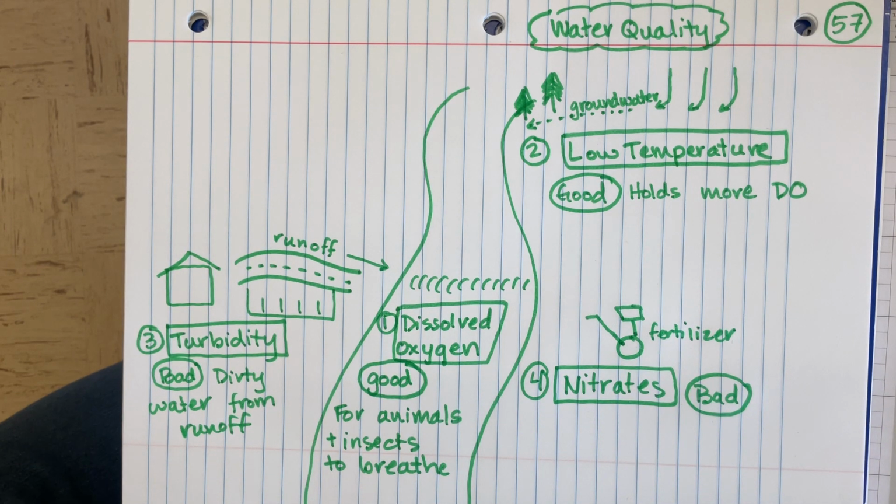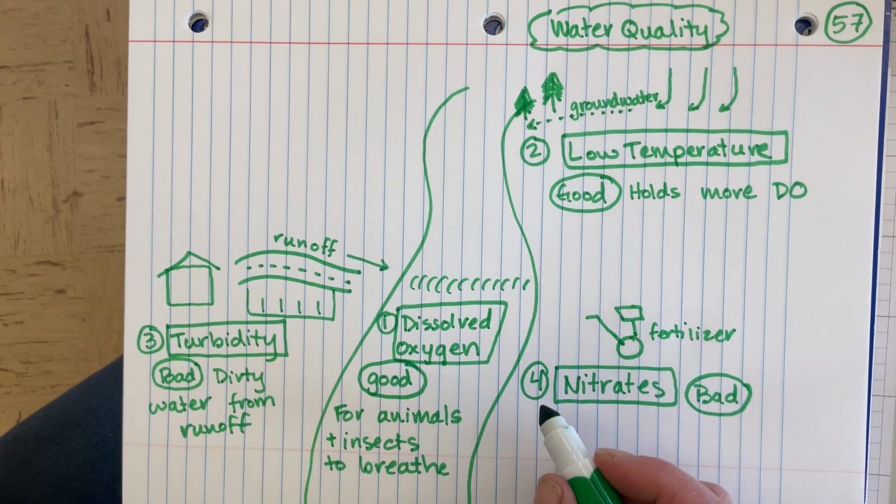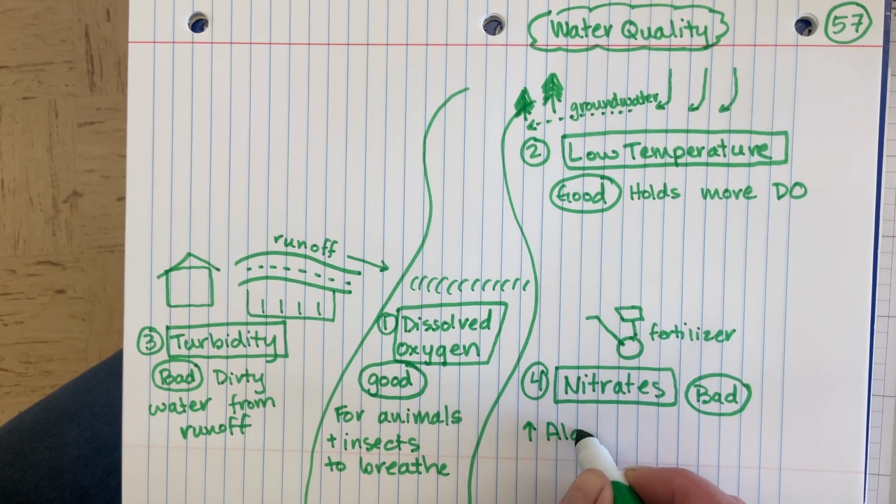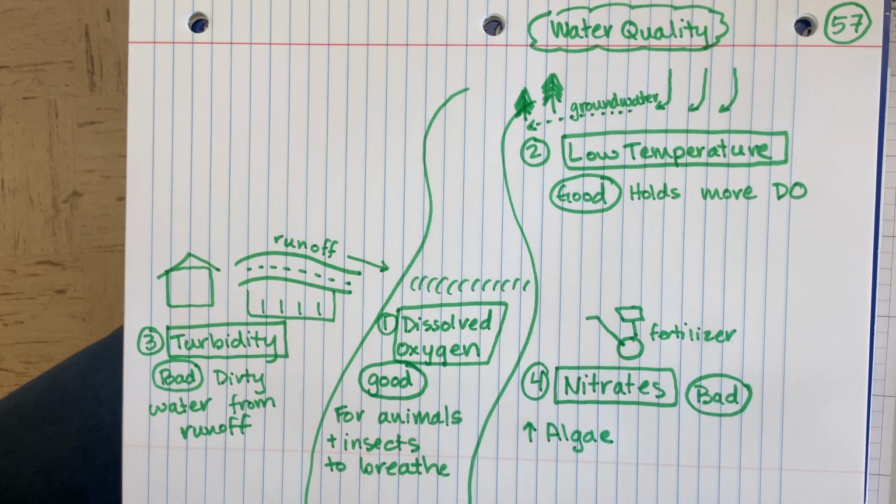And if too much fertilizer is used, then that fertilizer can run off and go into the creeks and rivers. And when it does, it increases the algae. And the algae has a bloom and it grows all at once, and then it tends to die all at once.